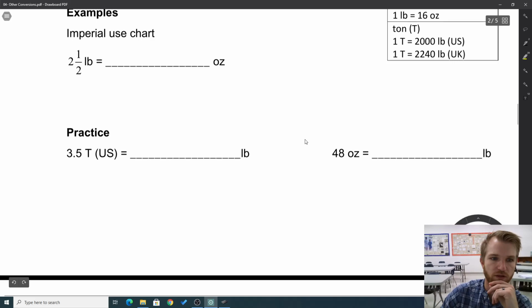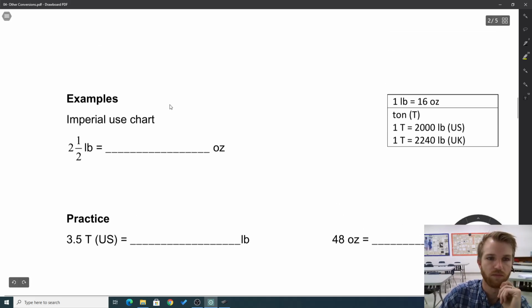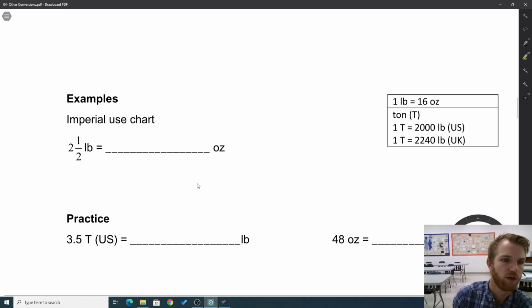And then very last is how do we measure weight in the imperial system? And it's the same process of converting between all their different weird units. The ones that are going to be tricky is you'll see that they have a fraction here for some of them. So this means 2.5 pounds. When it says you want this to be a decimal, not a fraction, 2.5 pounds means 2.5 pounds.